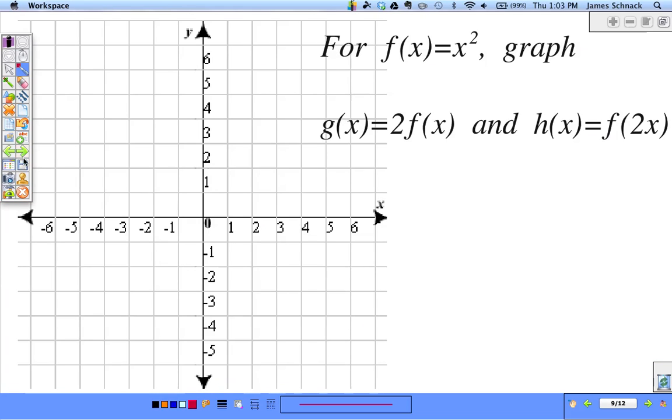So, here we are. For f of x equals x squared, graph g of x and h of x. So again, I'm going to start with the basic graph of y equals x squared.